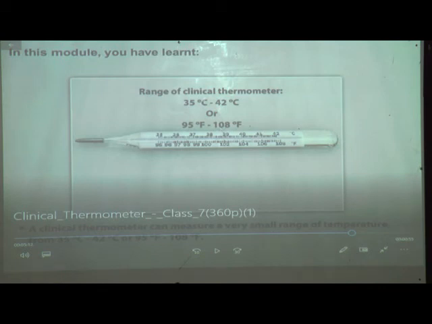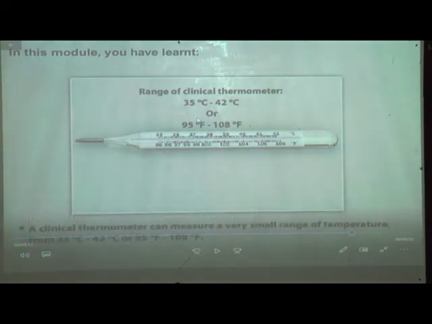So what is this? C is for Celsius and F for Fahrenheit. These are nothing but the scales which are used for measuring temperature, and they are named after the scientists who discovered these scales. Similarly, for measuring length there are different scales: centimeter, meter, millimeter, micrometer, like that.